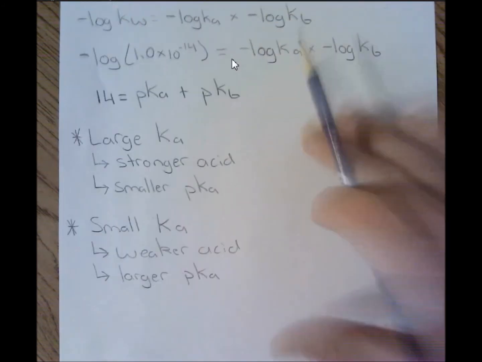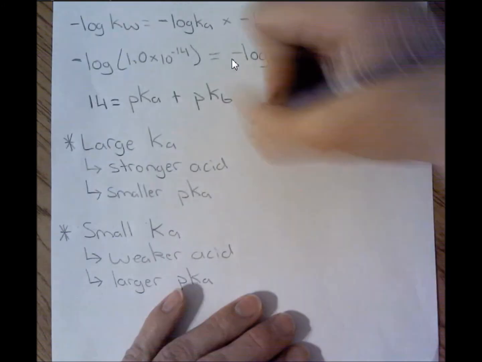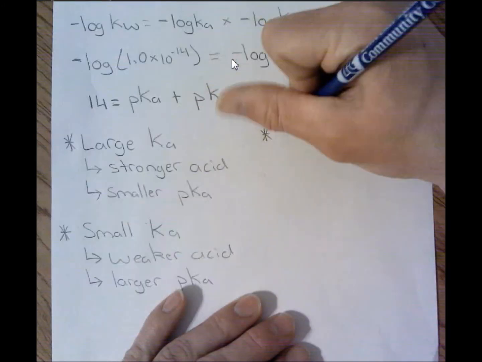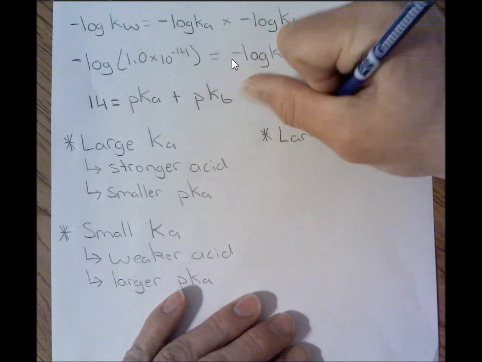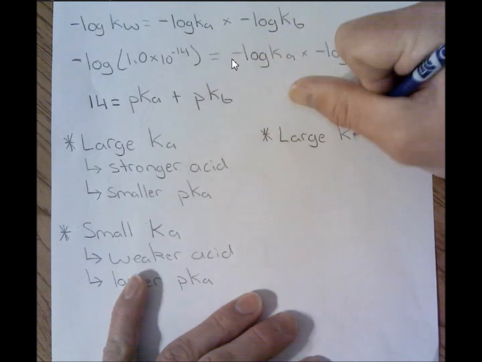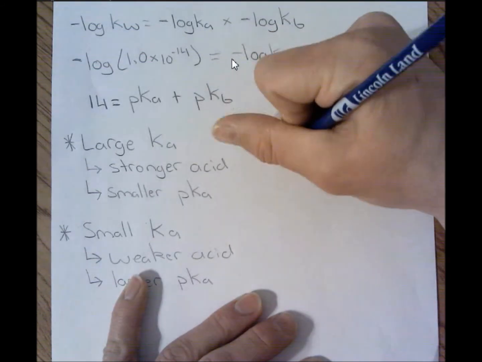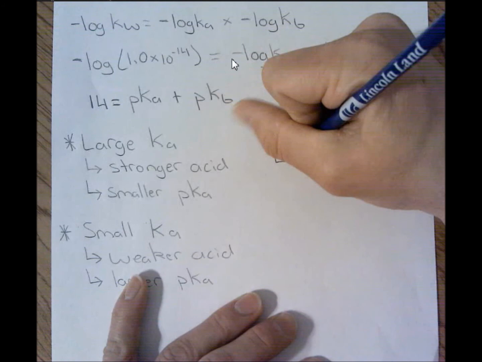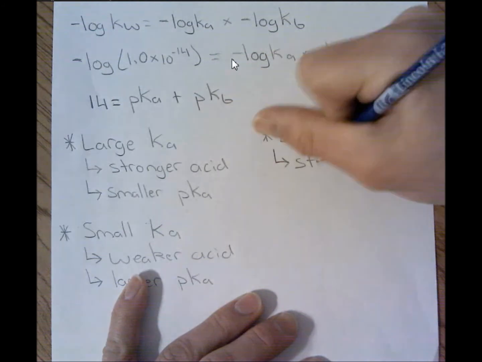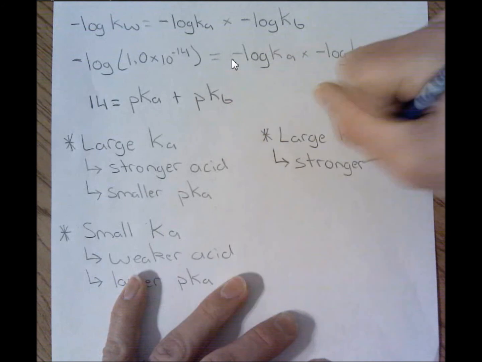Now, what we can do here is also counteract that with our large Kb. If we have a large Kb, we are going to have a stronger base.